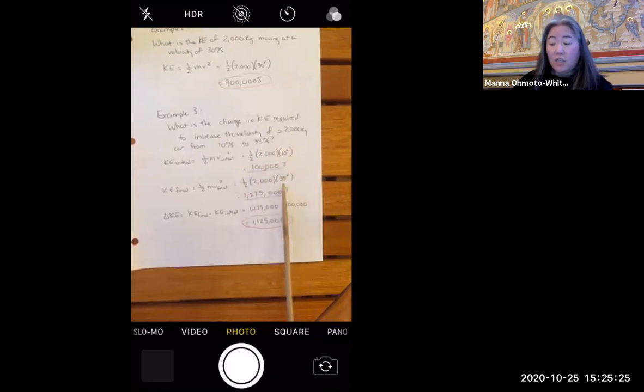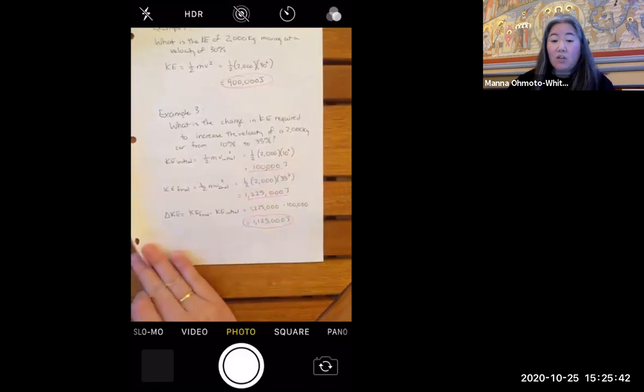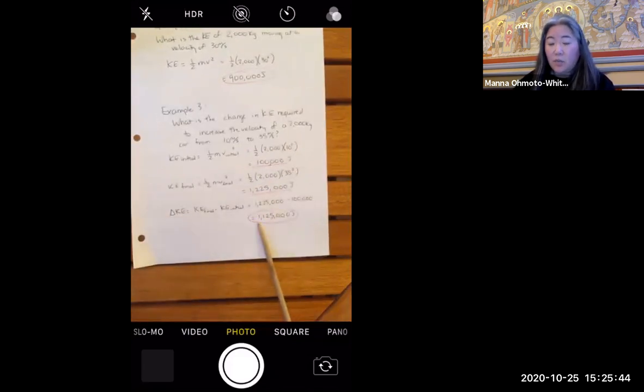And I want to take it to 35 meters per second. So I plug that into my final. So that's 1/2 times 2,000, which is my mass, and my velocity now is 35, so it's 35 squared. So it becomes 1,225,000 joules. So the amount that I have to increase the kinetic energy is going to be equal to 1,125,000 joules, which is a huge amount of kinetic energy.